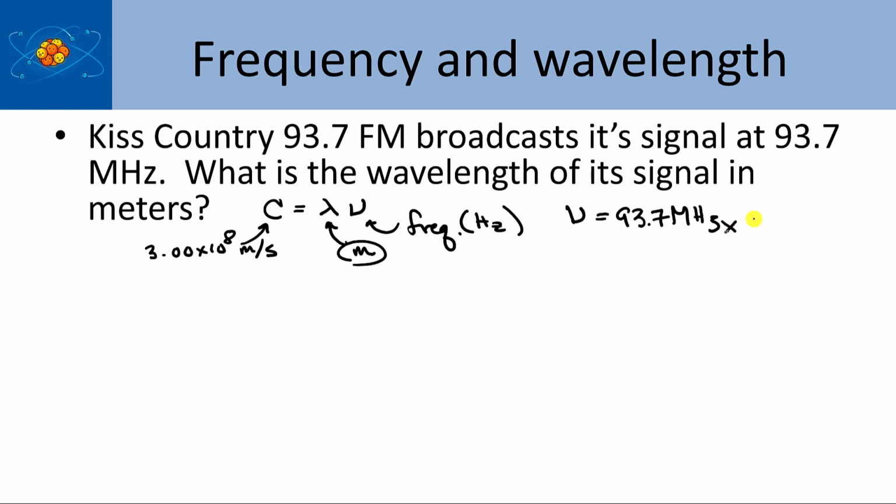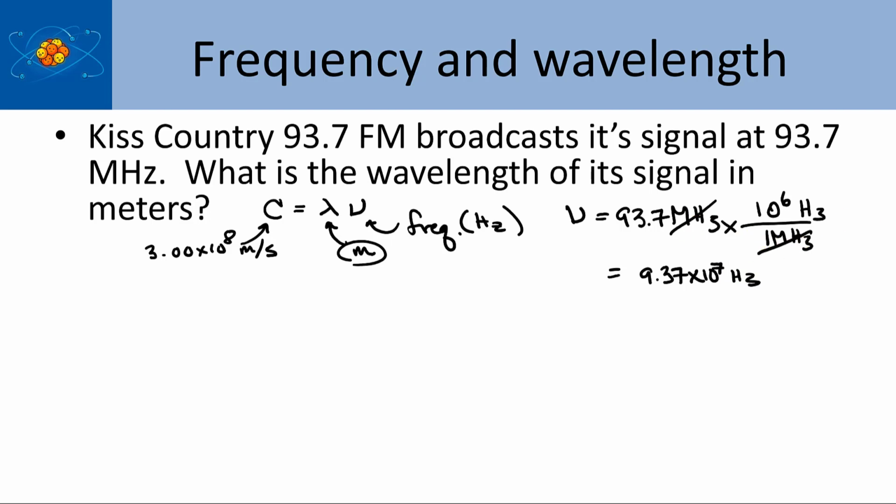Mega is a prefix, and so 1 megahertz is 10 to the 6th hertz, like this. So we're going to end up with 9.37 times 10 to the 7 hertz after the megahertz cancels out.